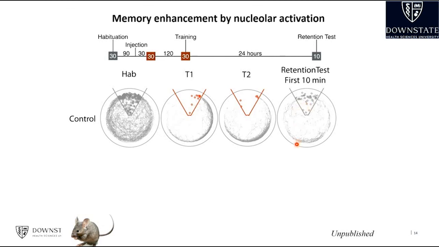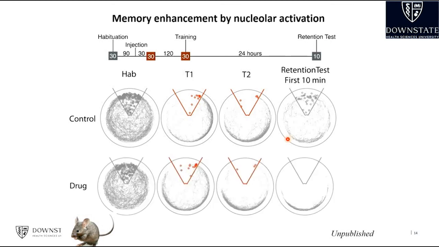They have some sort of idea that, because they are spending more time at 6 o'clock of the shock zone. But when we measure, the animals were treated with the drug, the activator. This is what happened. So we were able, in this particular case, with the idea of enhancing what the nucleolus does, to get memory enhancement.